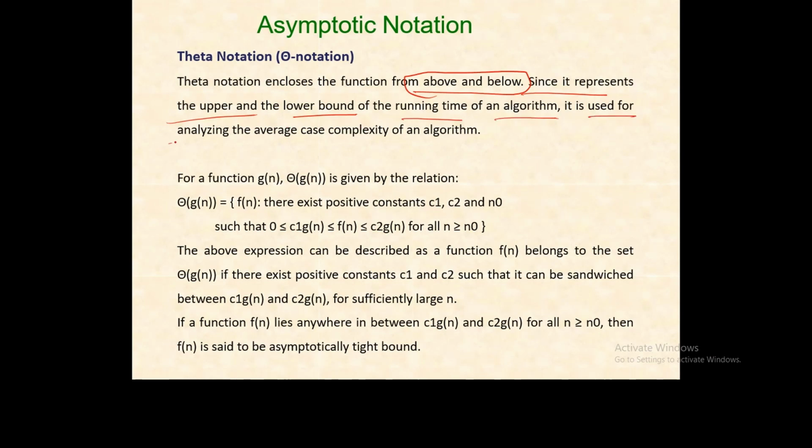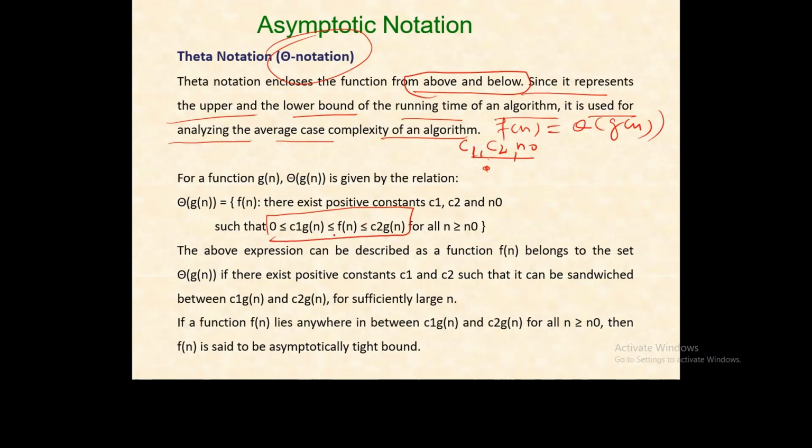So it is used for analyzing the average case complexity of the algorithm. It is the same here, but we will use this symbol, with a small change. f(n) equal theta of g(n), the symbol changed here. Instead of one positive constant c and integer n naught, here we will have two constants c1 and c2.